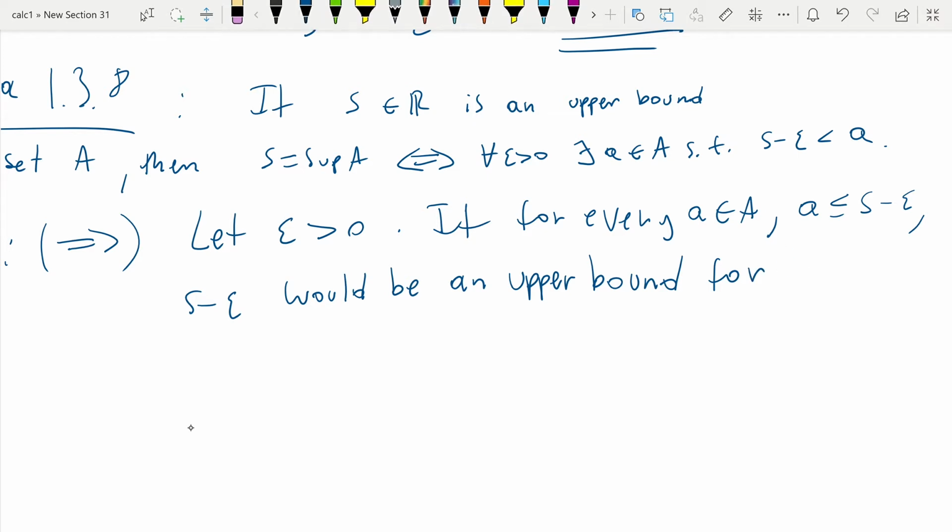So if this were true, then S minus epsilon would be an upper bound for A. So picking any element in A, S minus epsilon is greater than or equal to that, then S minus epsilon would certainly be an upper bound for the set A.